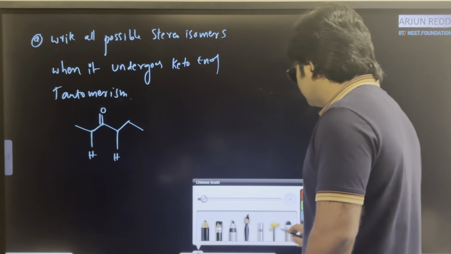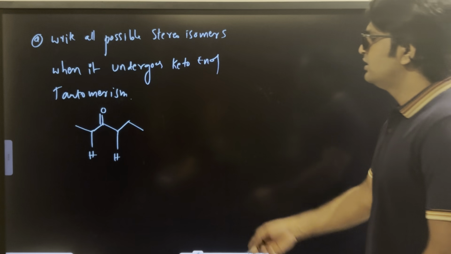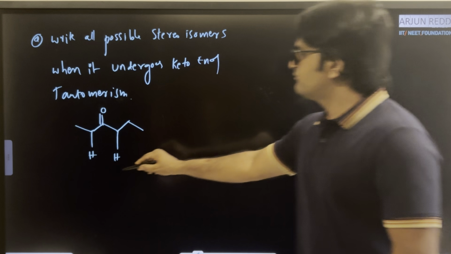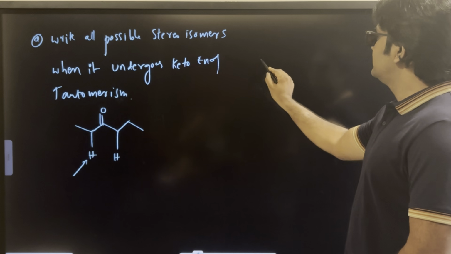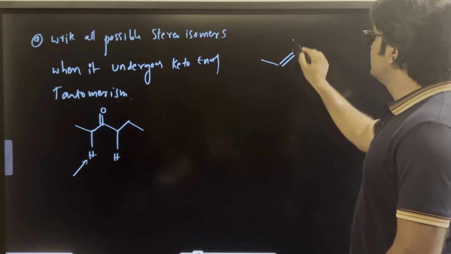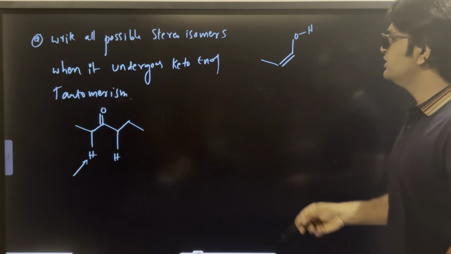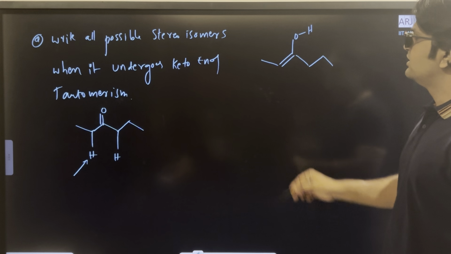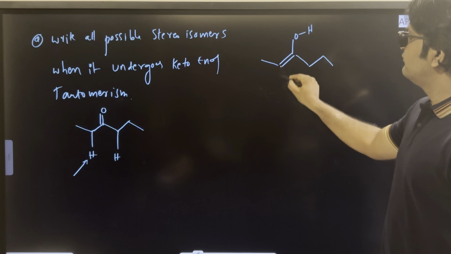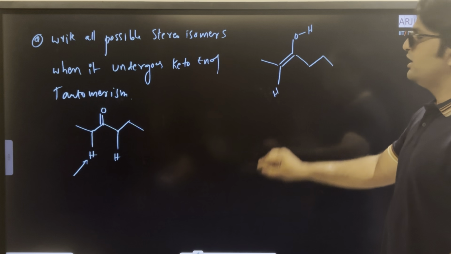What is the first one? Look at this enol form. I am using the proton from the left side, from this carbon atom. What is the result here? You can write like this: double bond OH. Here as it is, you write CH2, CH2 and CH3. And what is the fourth valency of this carbon atom? Hydrogen.